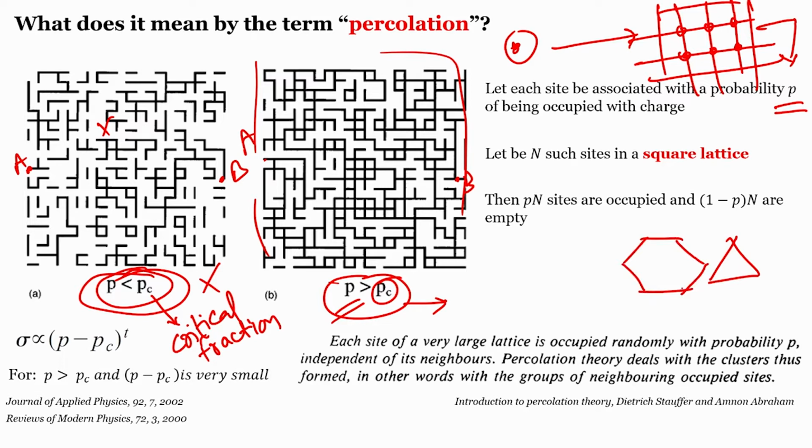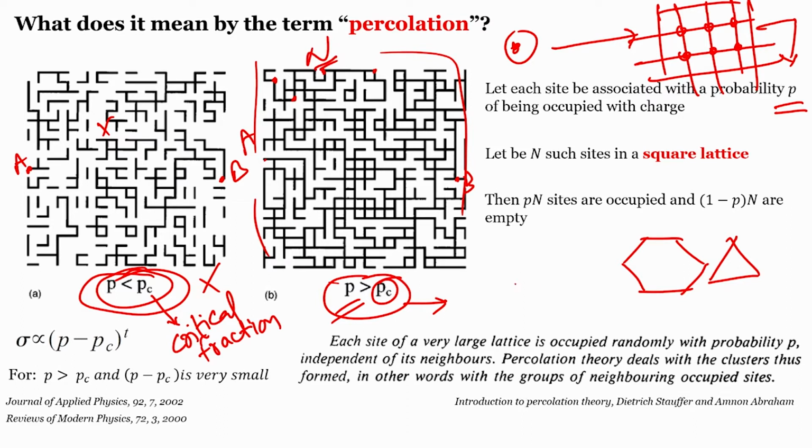So this is the case for square lattice, and what we found was, if we consider each of these nodes as sites where charge or electrons can occupy a position, then the probability of them occupying this particular location spatially is P. And if there are n such sites in this junction, then how many sites are occupied?